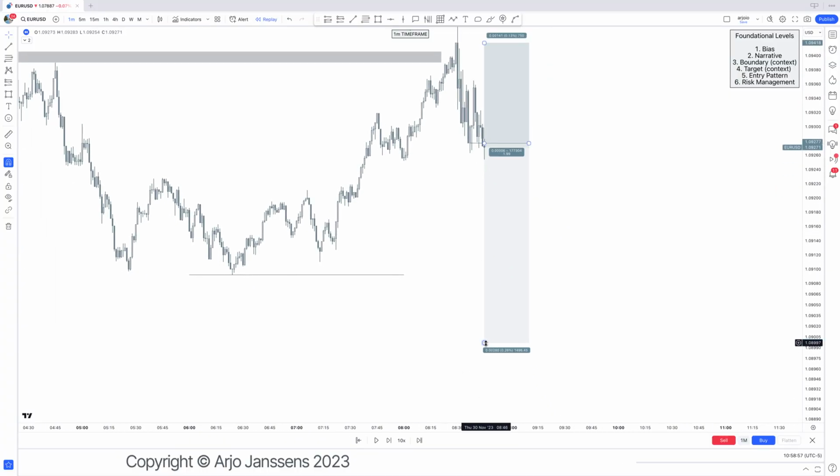So if my 1 to 2 is right there, then yes, that is still high probability of playing out. But it is lower probability of playing out than having my 1 to 2 inside the context right there. So here, my 1 to 2 is below those lows.